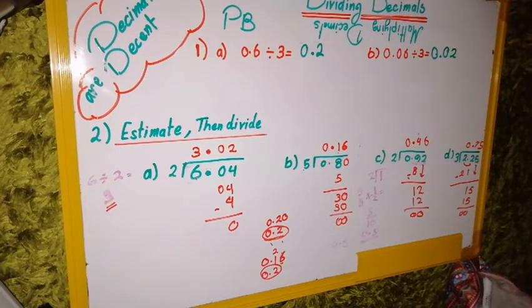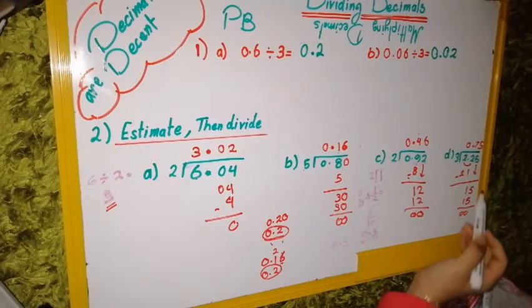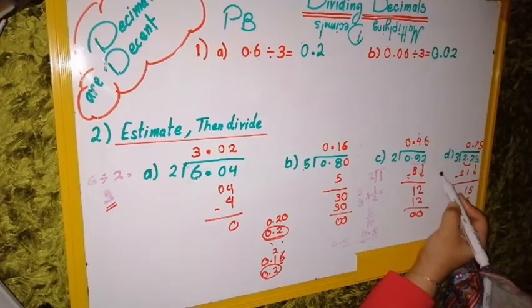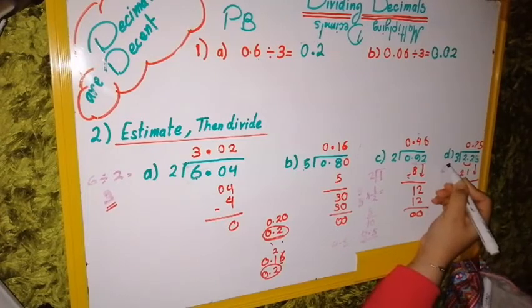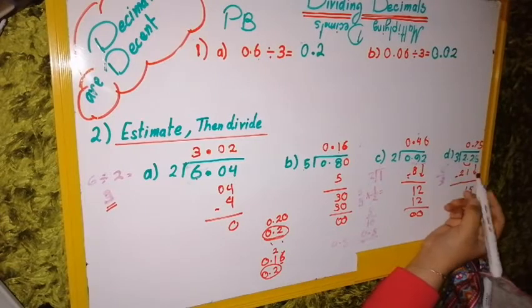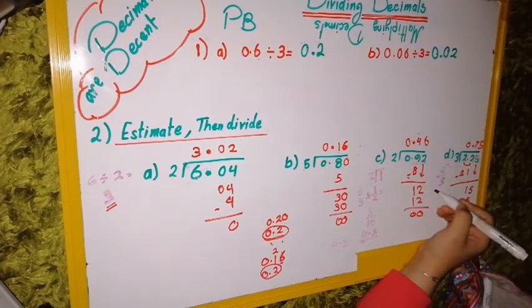Now the same, I didn't do the estimation at the beginning. Let's see. Now I have after the point 2, so I'm going to ignore this. I'm going to say 2 over 3, or 2 divided by 3. How can I do this?